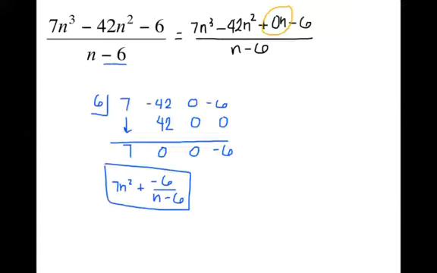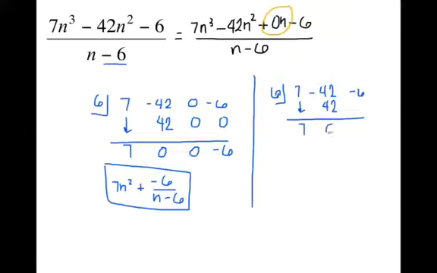So now you're probably thinking, even though I put that 0 in there, there's just a bunch of zeros. Does it really make that big of a difference? Well, let's see what happens if I try to do it without putting that 0 in. So I bring down the 7. 6 times 7 is 42.